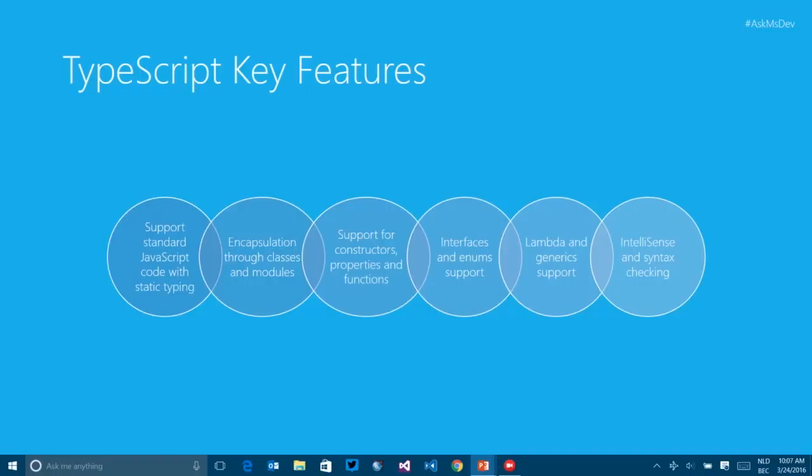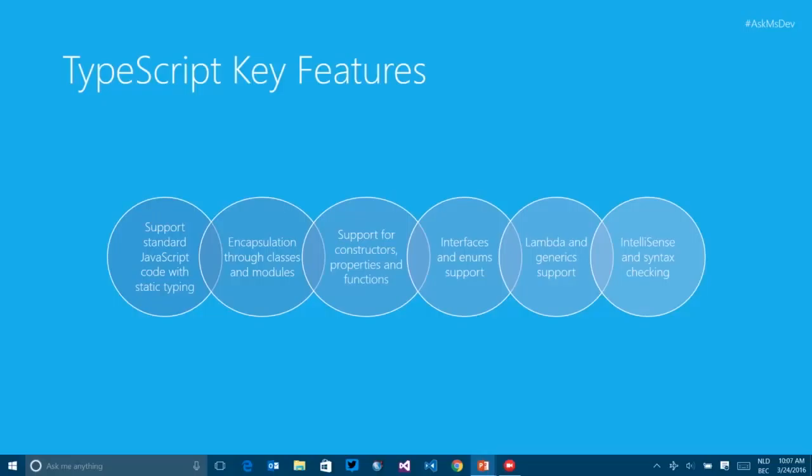Even some of the features specifically for Angular 2 that are already coming in ECMAScript 7 are already available for you. So on top of those classes and modules, we provide support for interfaces, enums, properties, generics, and more. All of those functionalities are available with TypeScript.